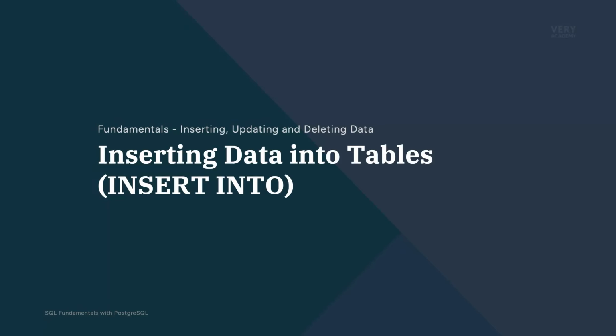In this tutorial, we learned how to use the insert statement to add new records or rows into a table. We learned that we can insert by simply specifying the values, but they must be in the order in which the database tables are created.